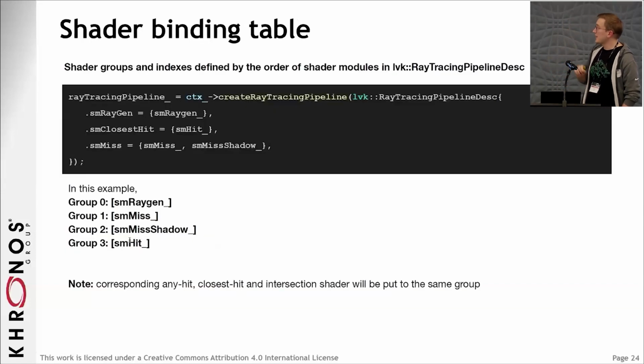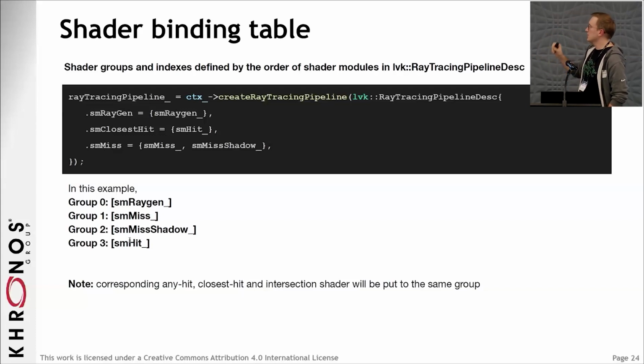For the shader binding table, we need something called groups. Groups, in my personal opinion, are not a really simple concept in the Vulkan API. For groups, there are multiple rules. The ray gen shader and miss shaders will each form their own groups.